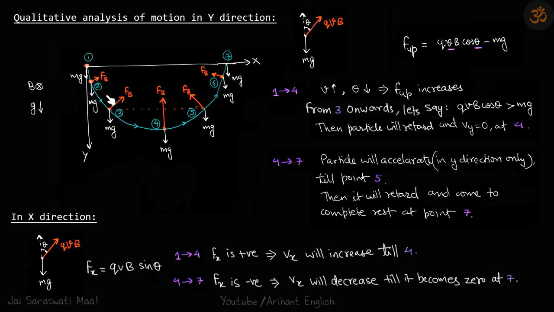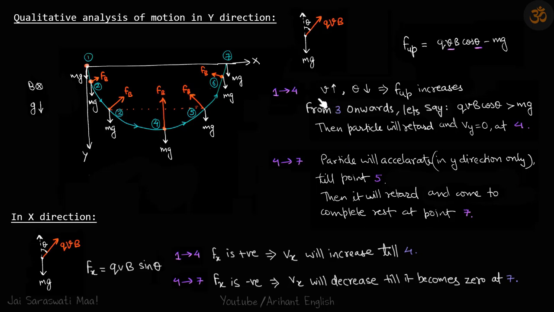At one point along this path, let's say at point 3, from 3 onwards qvB cos theta is greater than mg. When that happens, F upwards will be positive, so the net force in the y direction will be upwards. The particle from 3 onwards will start to retard in the y direction until its v_y becomes 0 at this point.